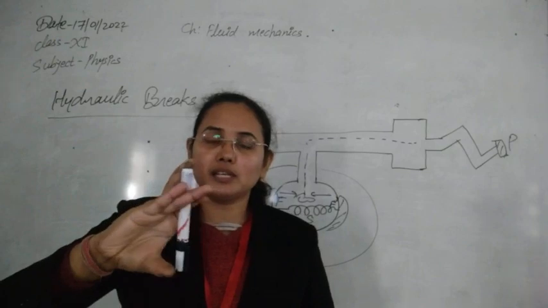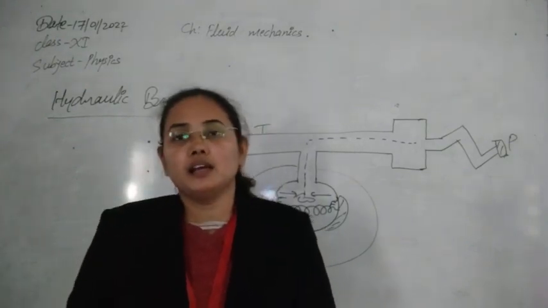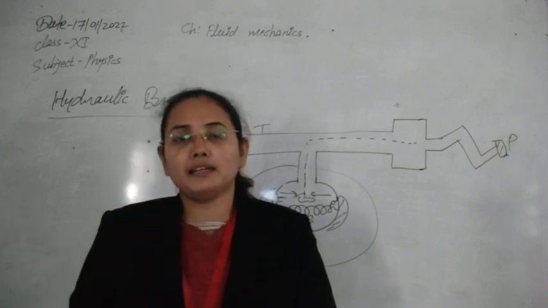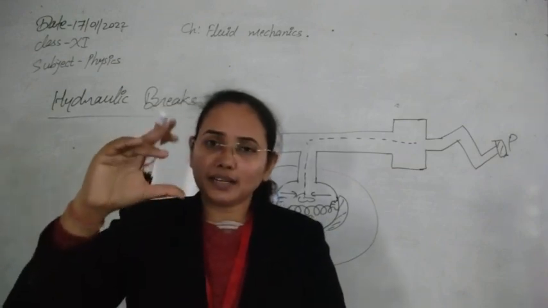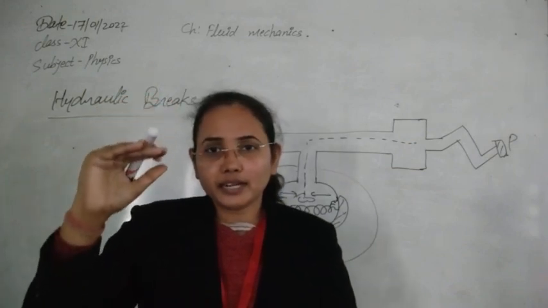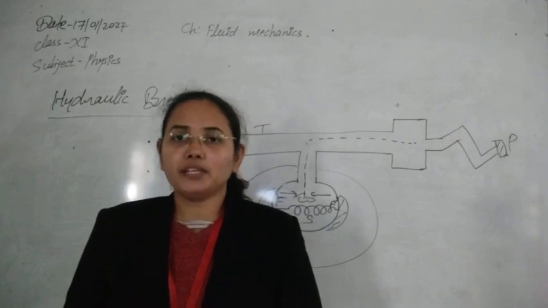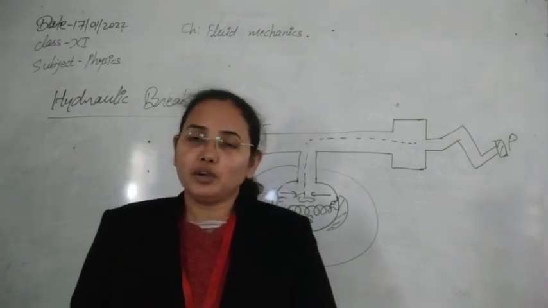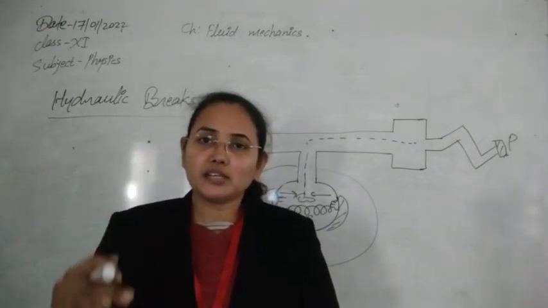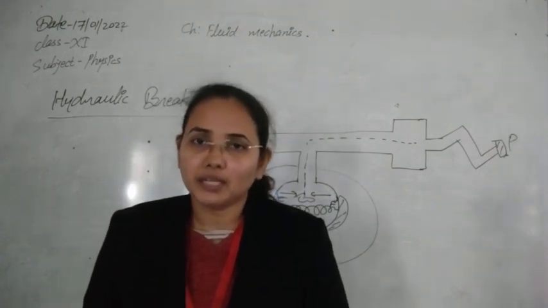Then he removed his thumb and noted the level to which the mercury fell. Because of atmospheric pressure, the level fell down, and it was obtained as a 76 mm mercury column.